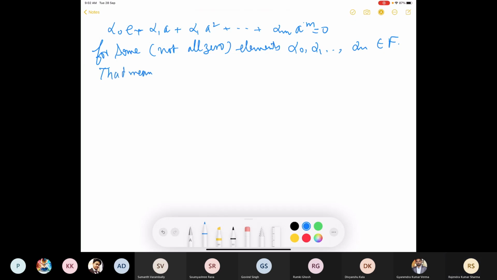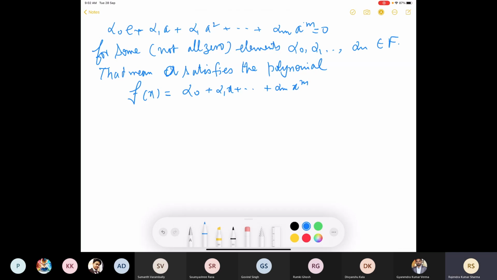That means this a satisfies the polynomial f(x) equal to alpha naught plus alpha 1 x plus up to alpha m x to the m, and its degree naturally will not exceed m. It will be m in case alpha m is not 0. And the degree, of course, of the zero polynomial does not exist. So this is what we have proved, that every element of such an algebra A will satisfy a polynomial of degree at most m.